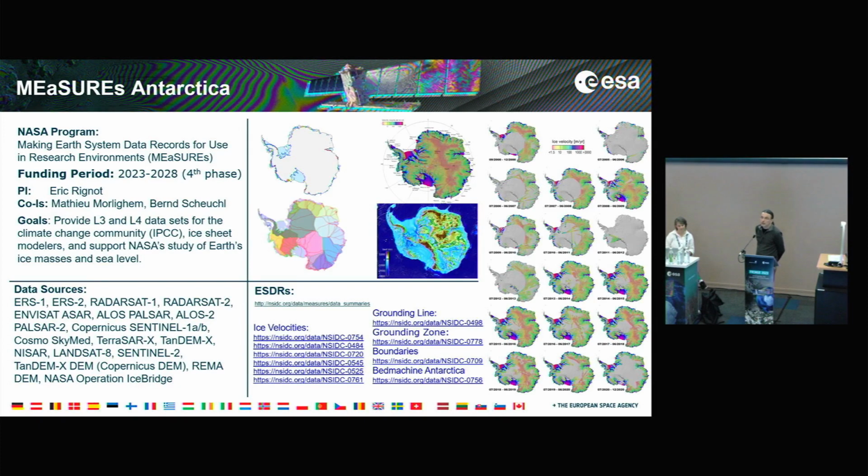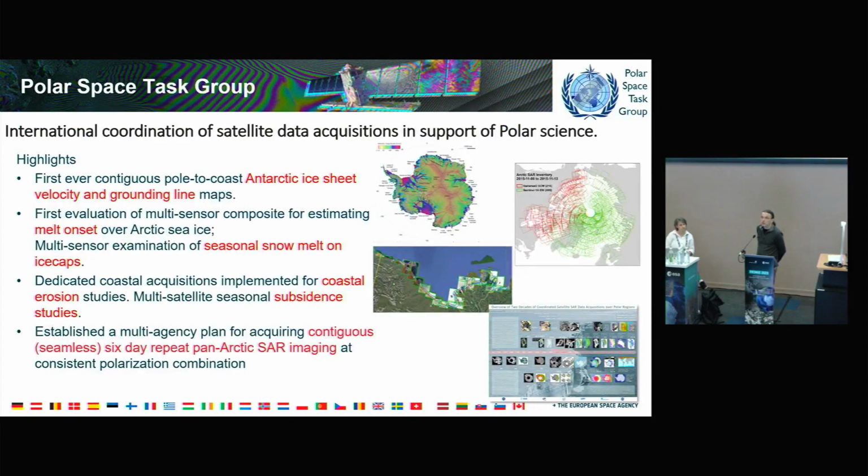Our approach is to use all data sets that we can get our hands on. We started this project in 2009, so we have been blessed with a long-term funding envelope, and we just recently got awarded another round of funding for this work. But I will not focus too much on ice velocity.